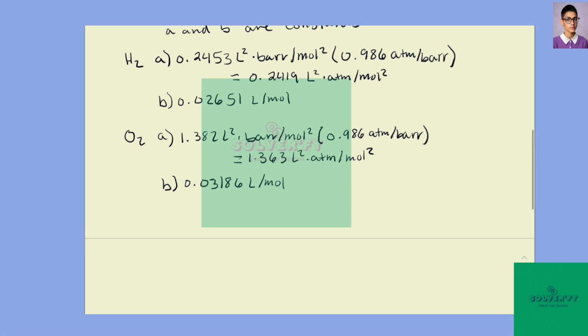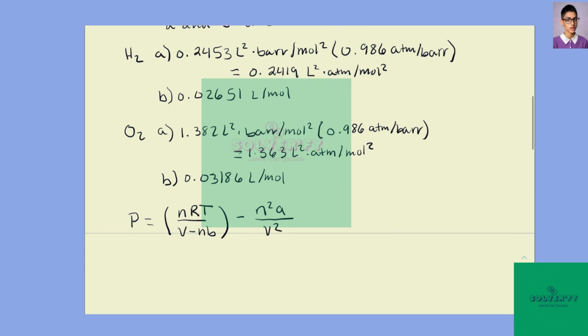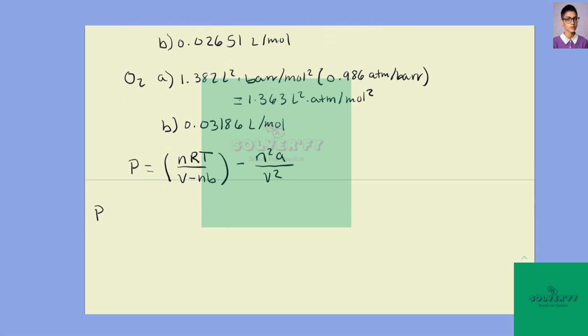All right, so if we just rearrange van der Waals equation, we're going to get P is equal to nRT over V minus nB, minus n squared A over V squared. All right, so let's find the pressure for oxygen.